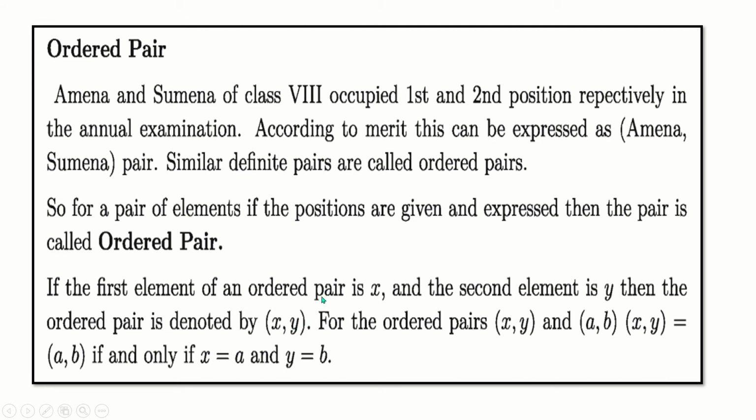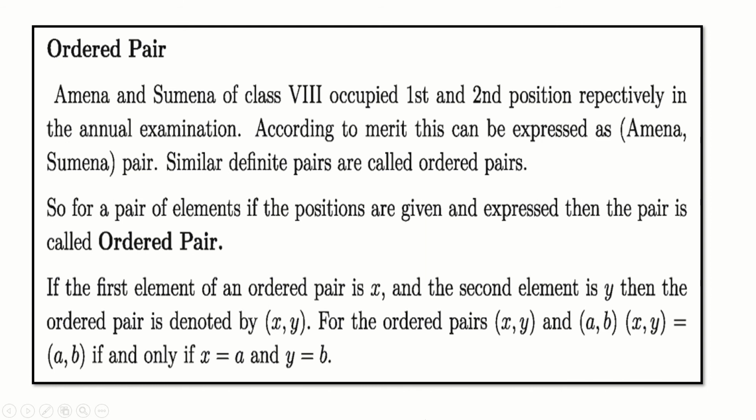When we write (y, x), that means y is the first position and x is the second position. But in a set, when two elements x and y are within curly brackets, {x, y} and {y, x} are both the same, no problem. But for an ordered pair, (x, y) and (y, x) are not the same. You have to remember this.